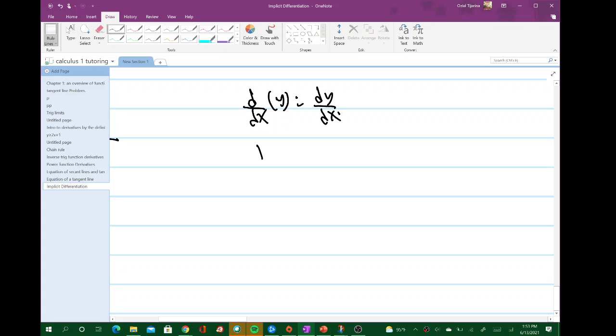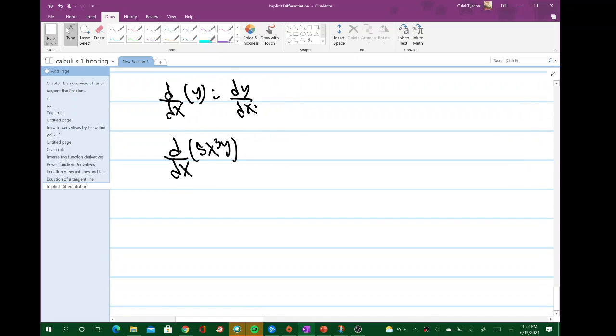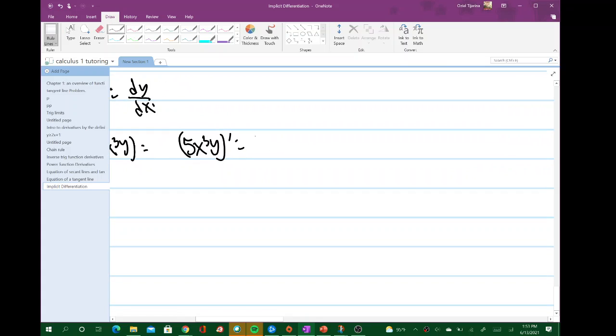So let me see, d dx of 5x cubed y, that's really, 5x cubed y prime will be the derivative. Basically f is equal to 5x cubed, g equals y, f prime would be 15x squared, g prime would be dy dx.